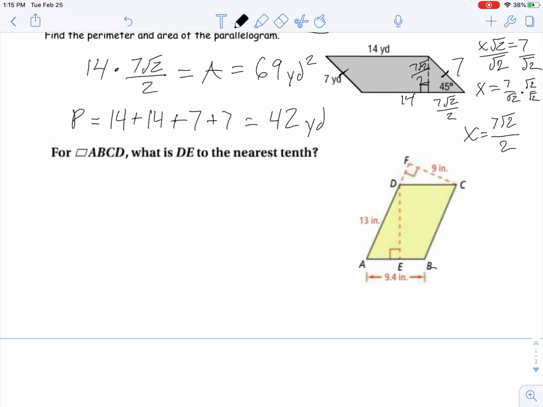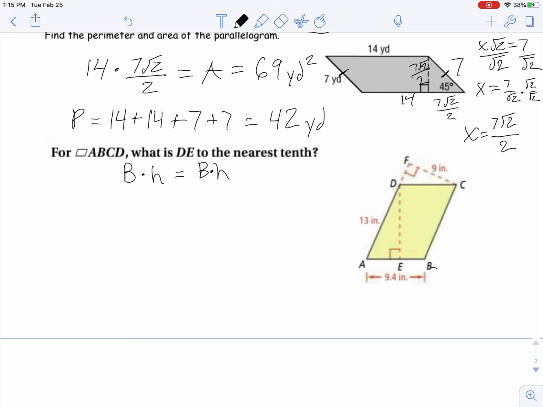Instead, we're going to set this up a little bit differently. I know that if I take the base times the height of this triangle, or I'm sorry, of the parallelogram, it's going to be equal to, well, the base times height. That seems pretty straightforward.